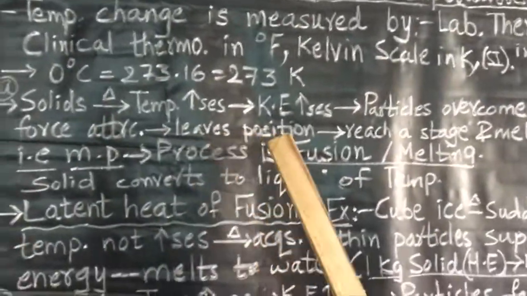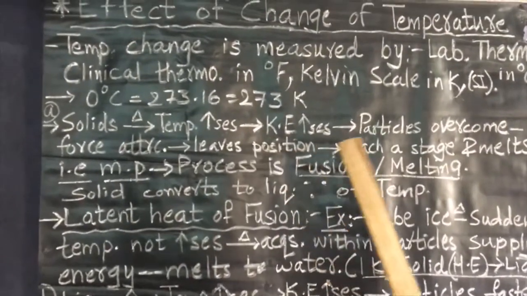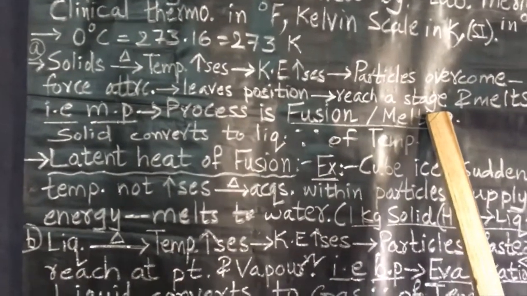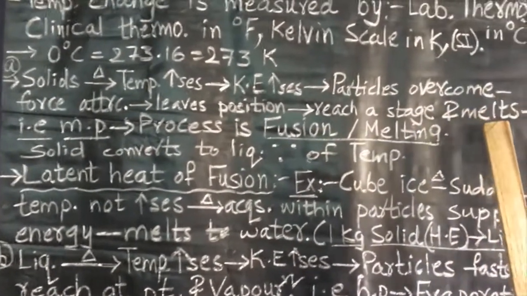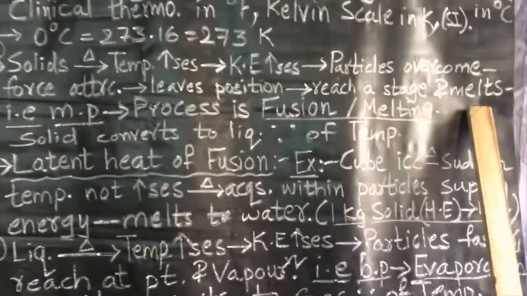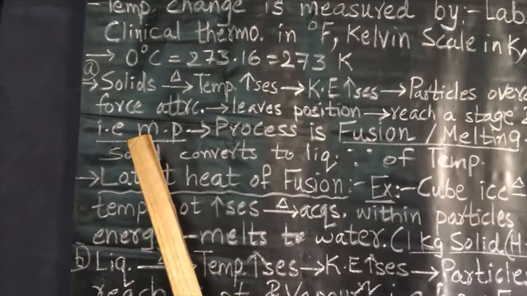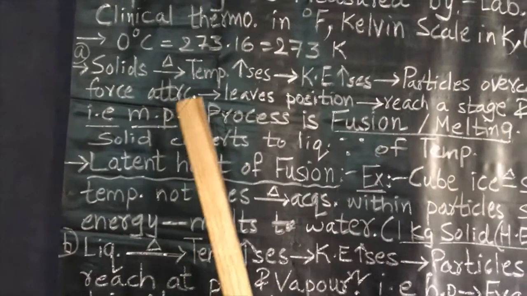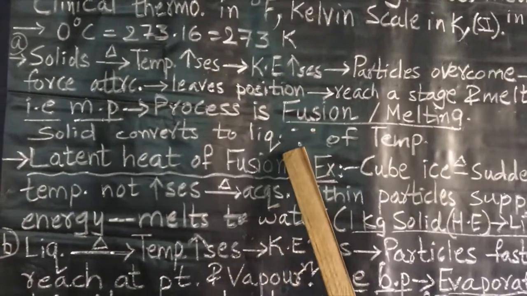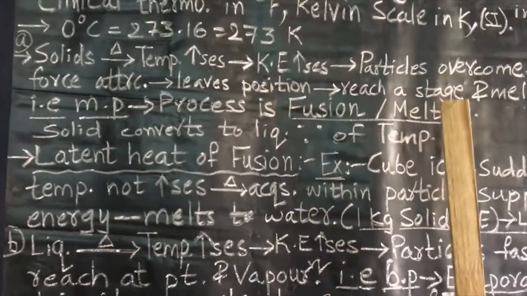They leave their positions. They try to move away from their positions and reach a particular point, and they start melting. When they start melting, that is called the melting point. And the whole process in which a solid converts to a liquid because of the change of temperature is called fusion or the melting process.